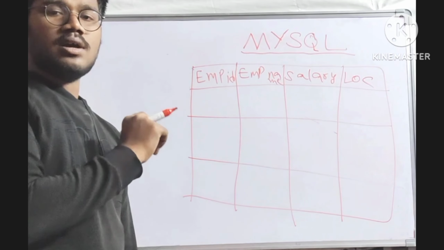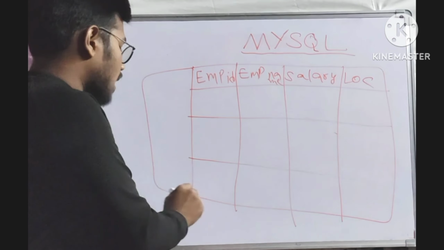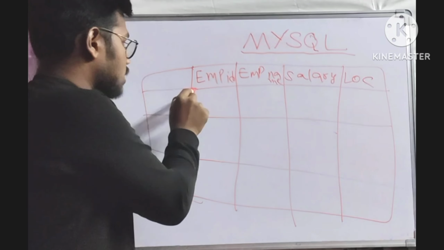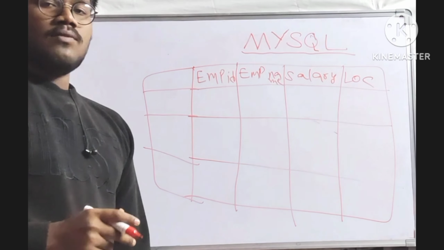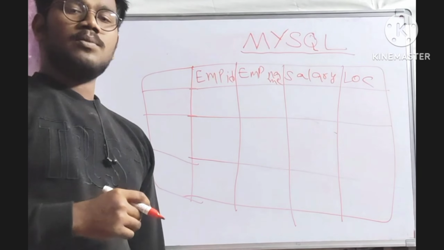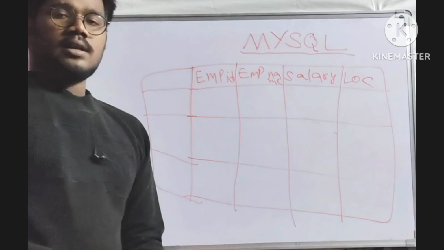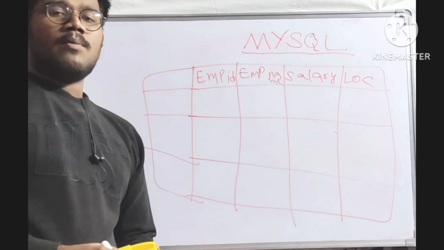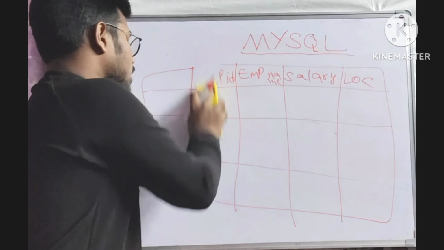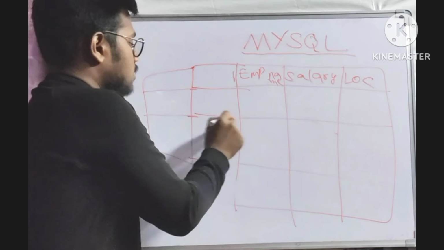If you use the alter command and add a column, the column is added like this into the MySQL table. Or if you want to delete any specific column from the employee table using the alter command, suppose we have to delete the employee ID column with the help of the alter command, then this employee ID column will be deleted, and these are the existing columns.